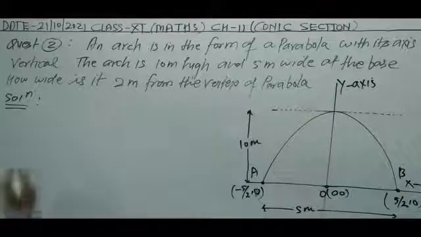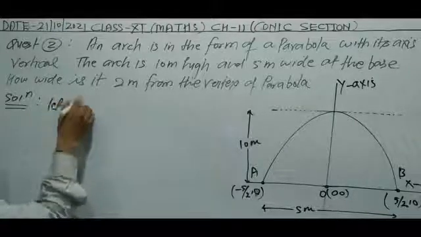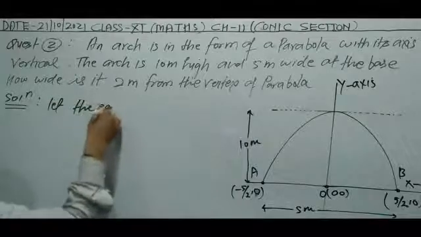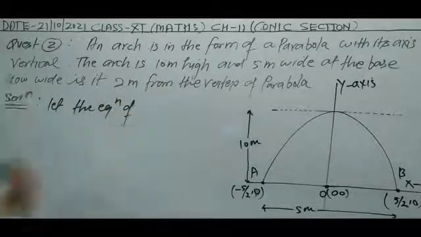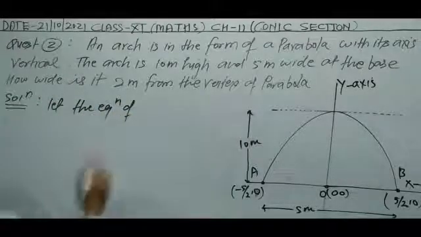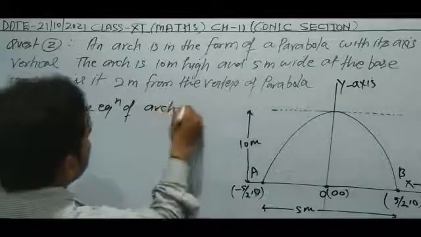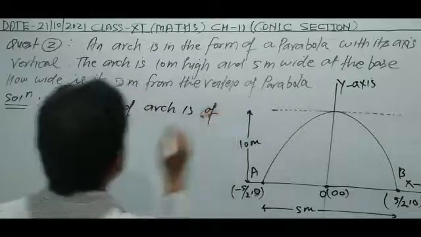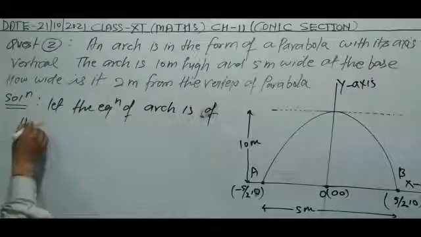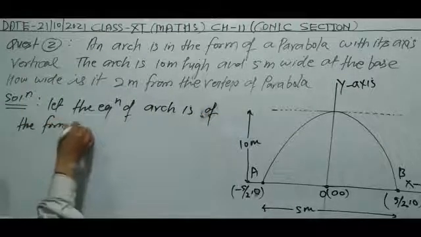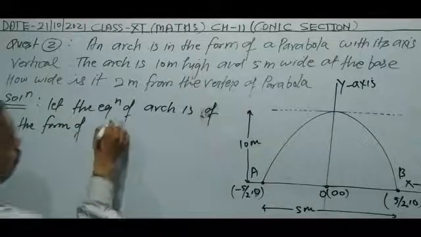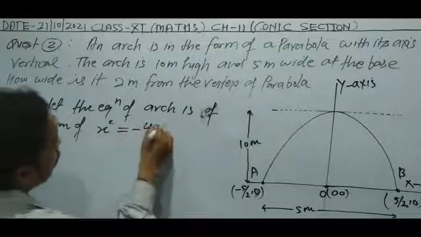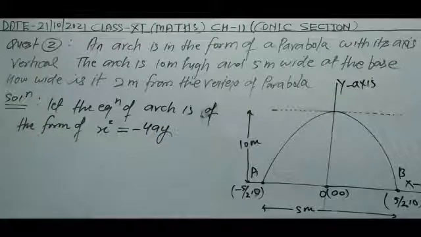So let the equation of the arch be of the form x square is equal to minus 4 times a y, because you know this is the equation of a downward parabola.